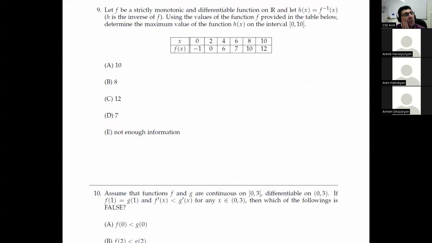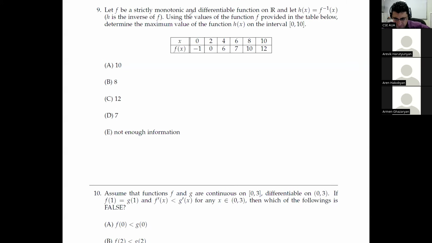Let f be a strictly monotonic, differentiable function. h is the inverse of f. Given a table for some values of function f. Determine the maximum value of h(x). Okay. Minutes ago, we said f is monotonic. Now the question: is f increasing or decreasing?